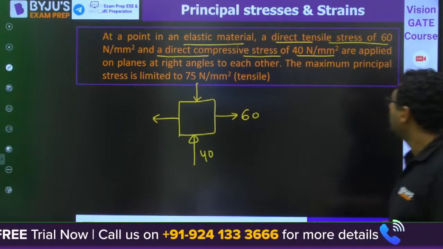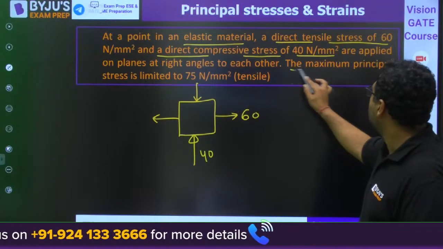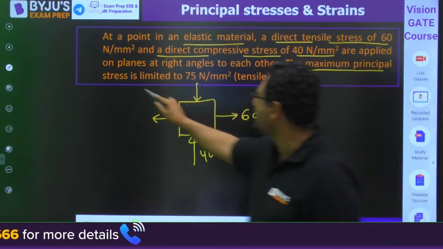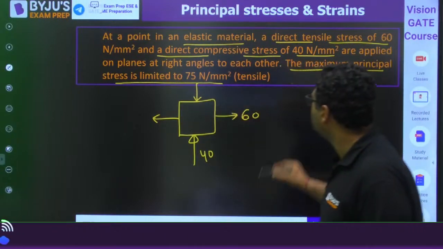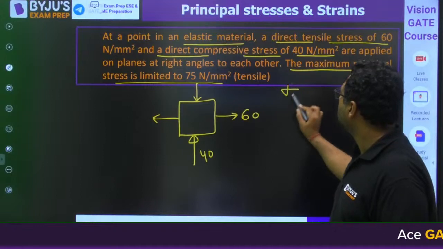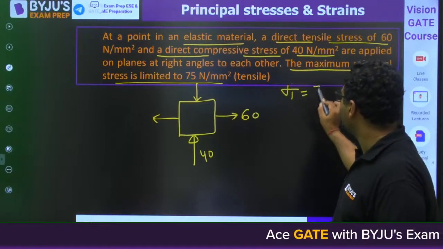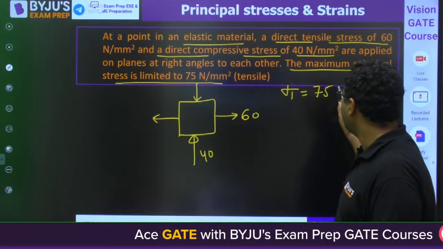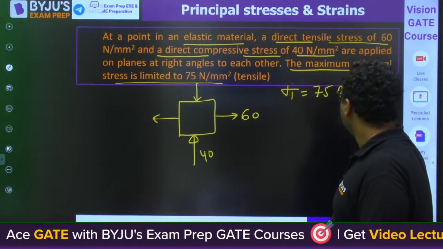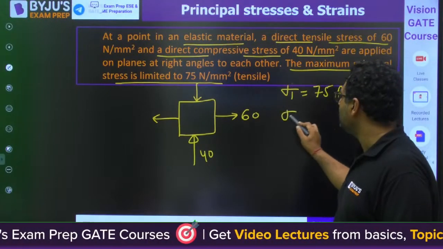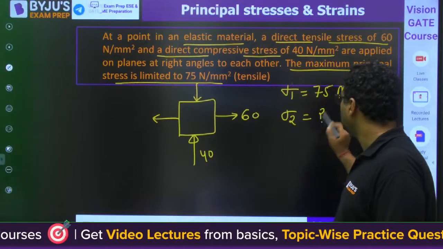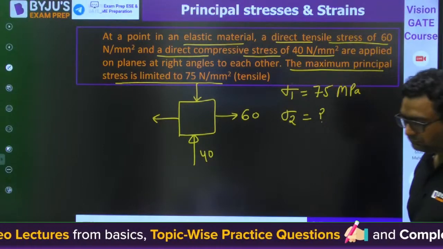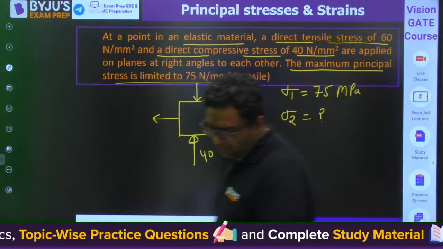And they are saying find out the maximum principal stress is limited to this. Sigma 1 is 75. And I feel they are asking you the sigma 2 value.